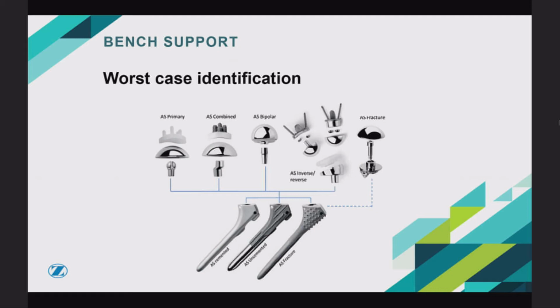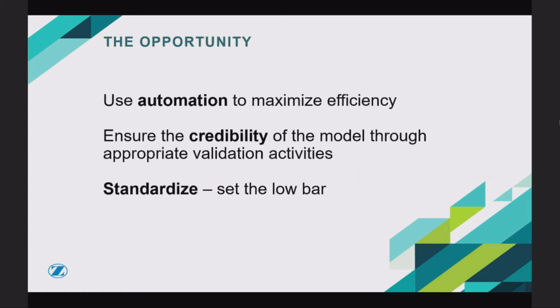This is the application of modeling in many of the use cases that we encounter today. So now the opportunity here in this low bar is how can we make this most efficient? How can we optimize the automation to evaluate all these different systems by pulling in all the different widgets, all the different combinations, all the different loading conditions, do it as efficiently as possible.